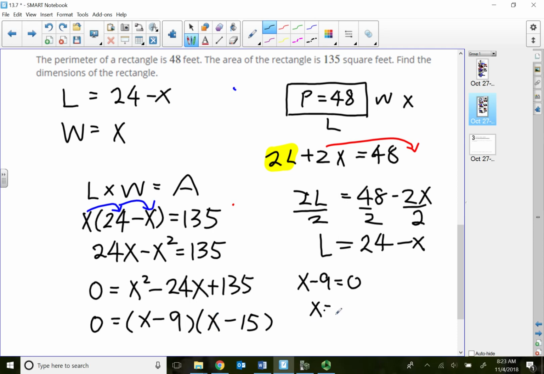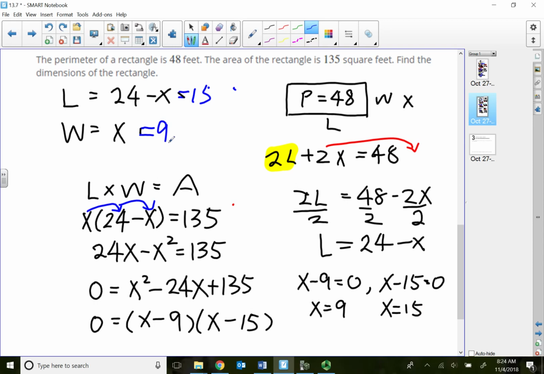So one of my answers is positive 9. The other one is going to be positive 15. All right, so I got two sets of answers, basically. And this is where it gets a little bit tricky. If I say the width x is 9, then 24 minus 9 got to be 15.